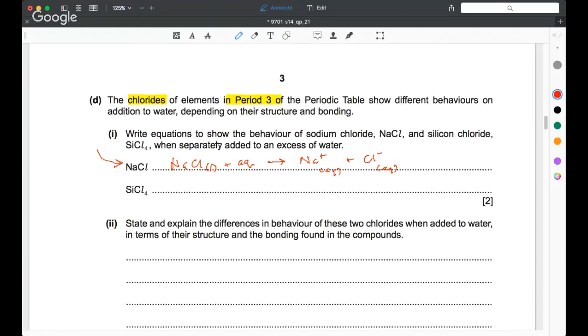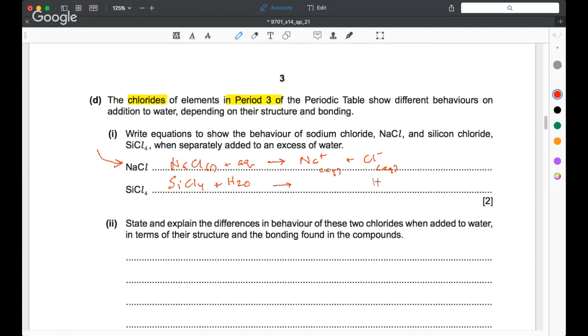That's it. Now, next one, you've got silicon tetrachloride, and this is just a reaction that you need to know. You dissolve that in water, and then it reacts with the water, and you get steamy fumes.